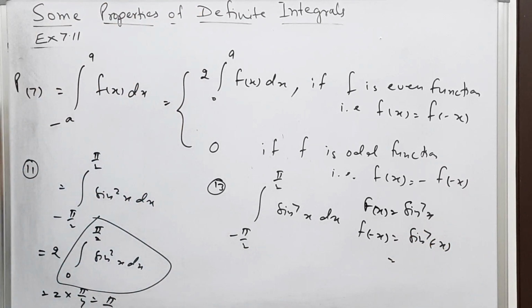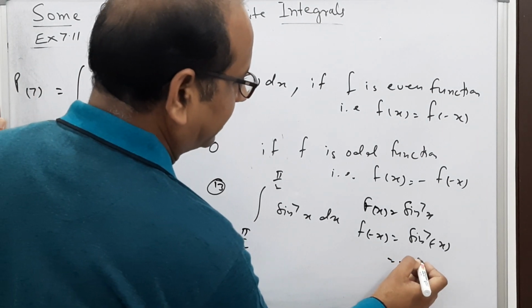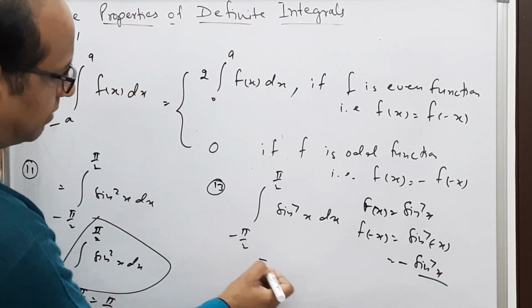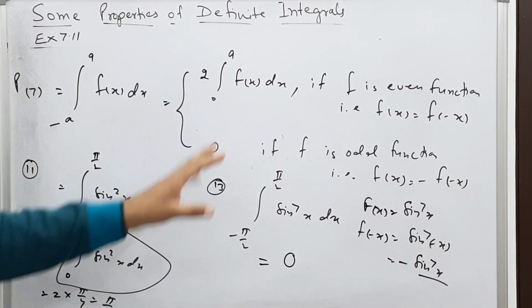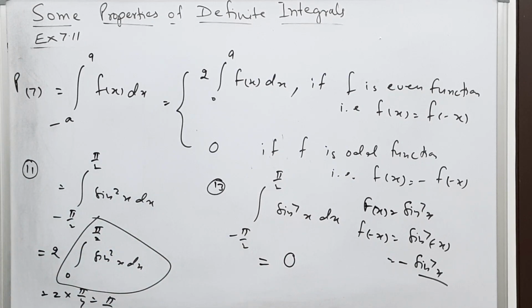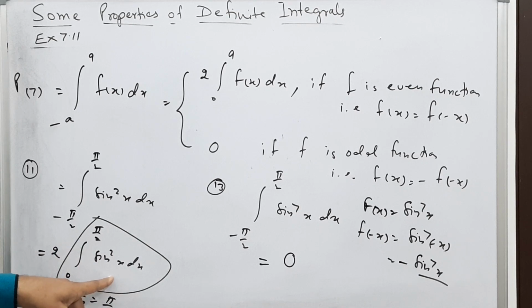Now the power on this minus is odd, so it will be minus sine power 7x. So what is the ultimate answer of this? The answer is 0. So that is the property. Now if you know this property, you can directly write that the answer is 0, and in this function the power is even, so it will be an even function.